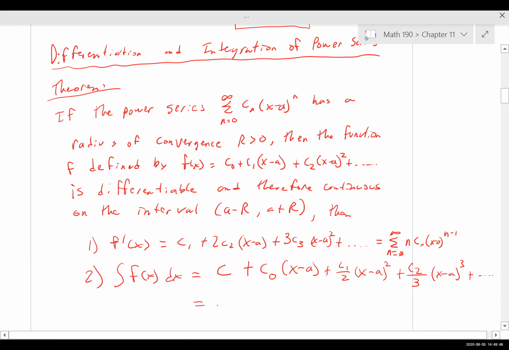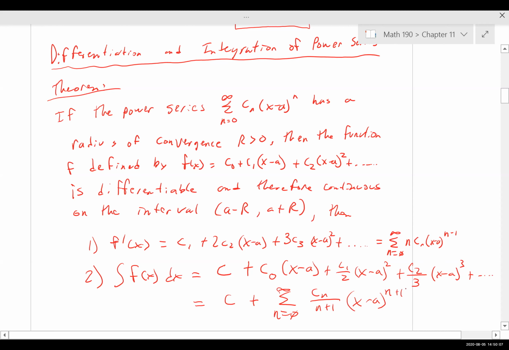So this thing is equal to c plus the summation n equals 0 to infinity of c sub n over n plus 1 times x minus a to the n plus 1.